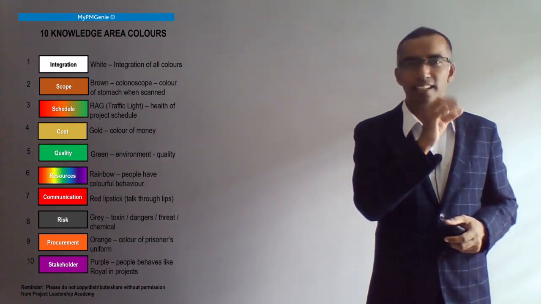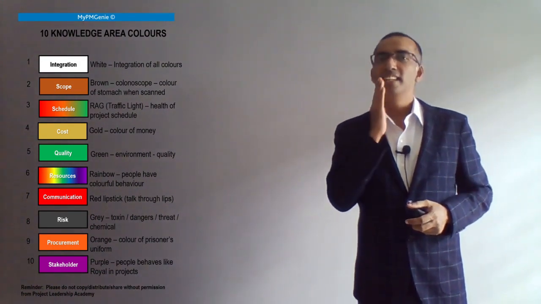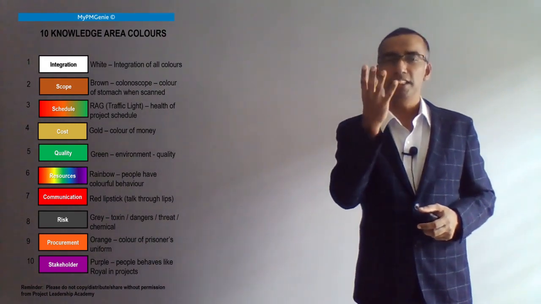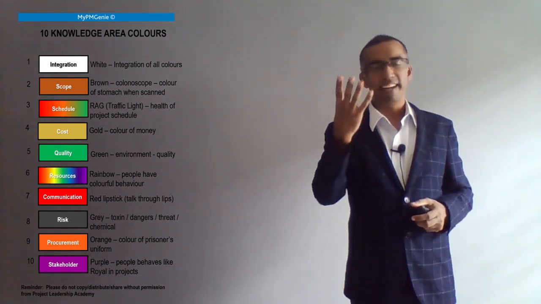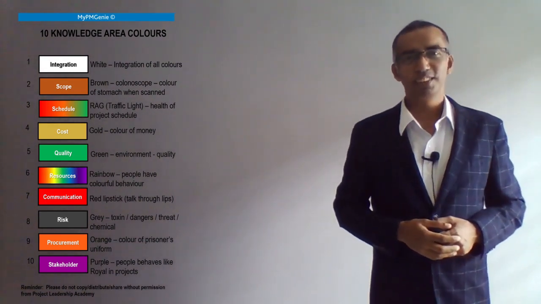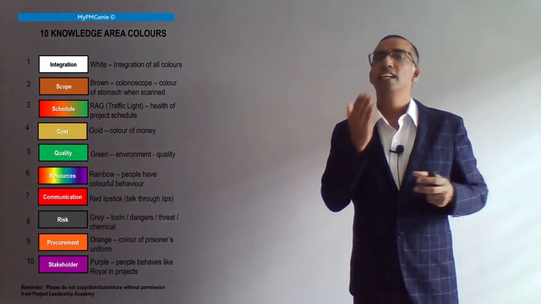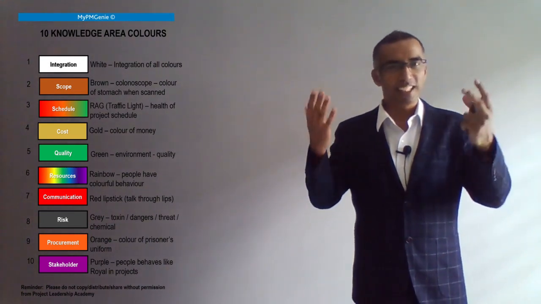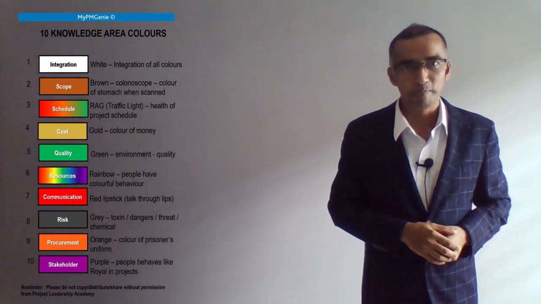Don't make it too light. Visualize like crazy that she's using a very thick red lipstick, and whenever she speaks, it might be spitting red color as well. So just visualize the red refers to the lipstick and she talks through the lips, right? So that's communication management for you.